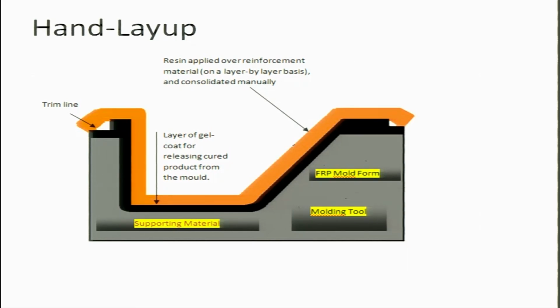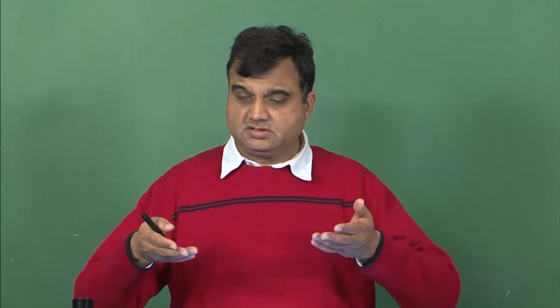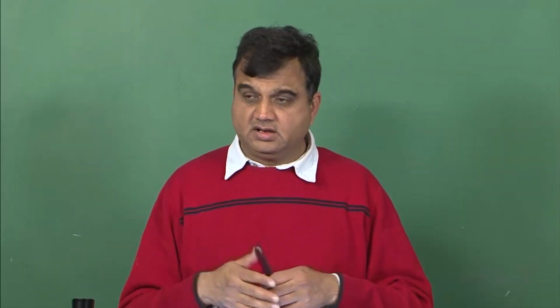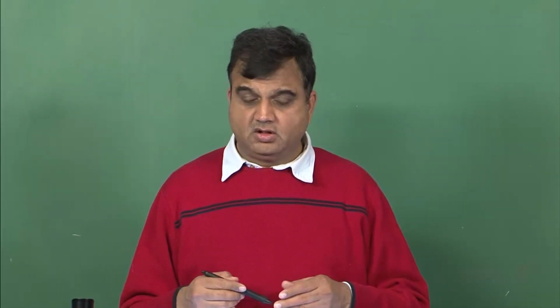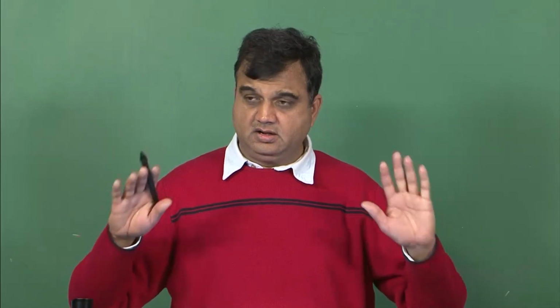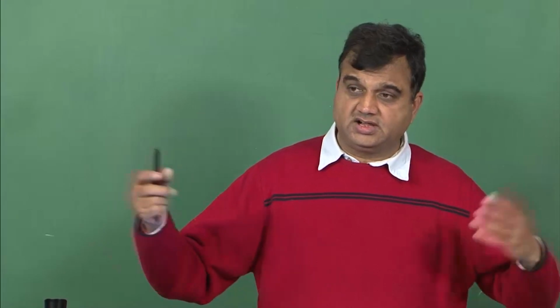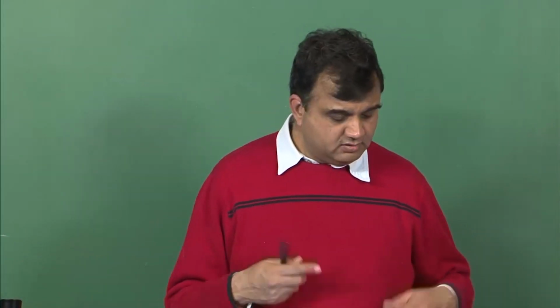So once you have built up the whole thing, and the resin when you are applying, it already has the hardener mixed into it, but you do it at a temperature that the curing rate is very small, it is not high enough. And then once the whole thing is done, then you either apply some heat or you let it remain in that position, and slowly the thing becomes hard. Once the whole thing has hardened, then you take out this orange portion, and that is your final product.